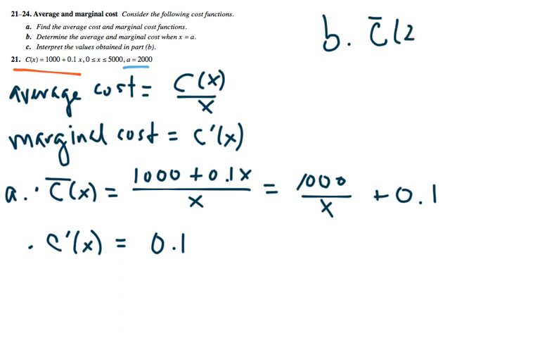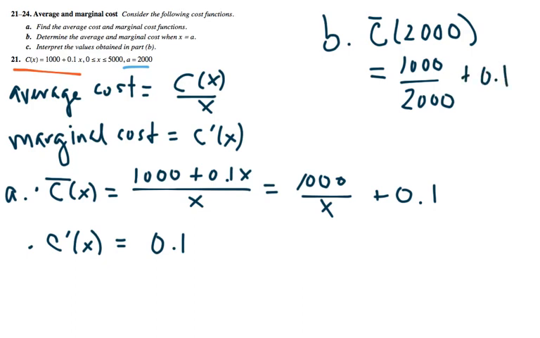The average cost when x is 2,000 is going to equal 1,000 over 2,000 plus 0.1. So that's a half plus 0.1. That equals 0.6.